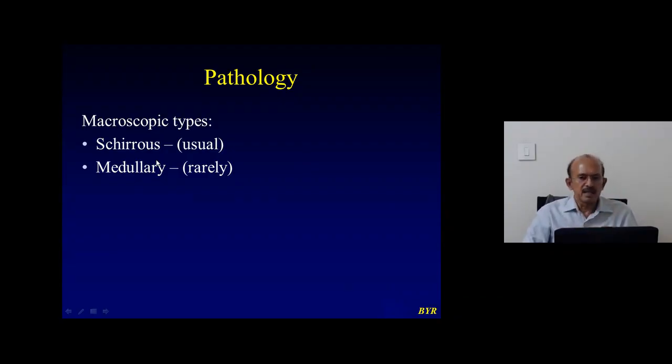That is Scirrhous nature. And what is medullary? There is a lot of cellular components. So there is more of the glandular tissue and less of fibrous reaction. So that is medullary. So out of these two, which carries good prognosis?